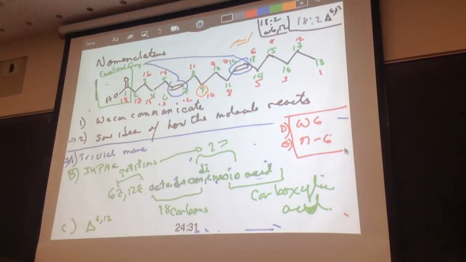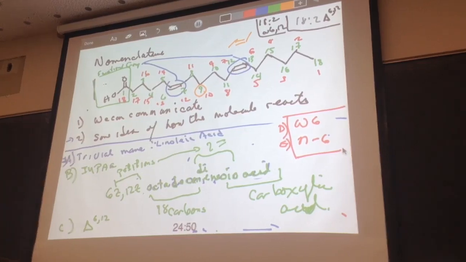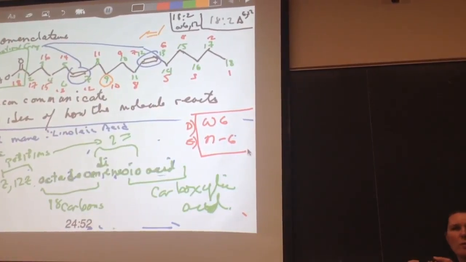If we know that it's 18:2, like if we go back to linoleic acid, we know it's 18:2 omega 6 because of that thing I said about the methylene carbon: a double bond, one CH2, and another double bond, so we know where the location of the next one is. But that's in humans only, and that's what he was saying. As a chemist, he doesn't deal with humans only, and the specific way that we make these things.